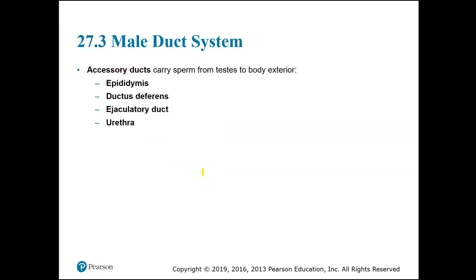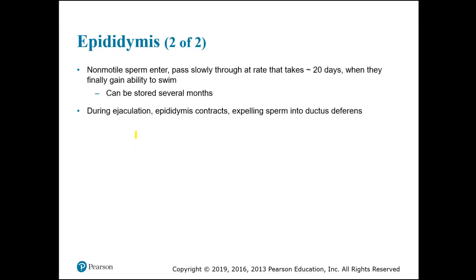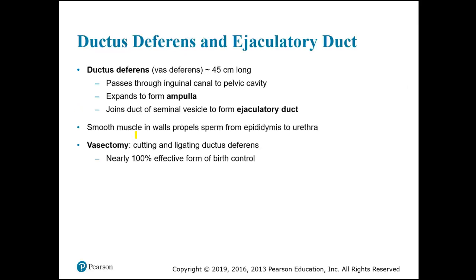The male duct system, we already have gone over this, but the epididymis, the ductus deferens, the ejaculatory duct, and the urethra is the pathway that sperm will take during ejaculation. A vasectomy is the cutting and tying off, or ligating, of the ductus deferens.